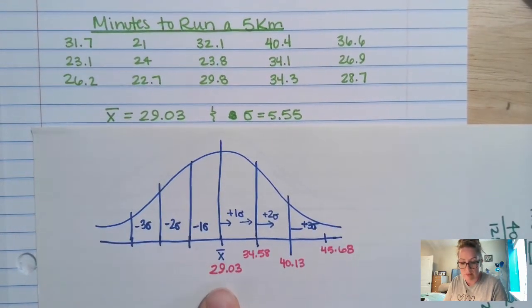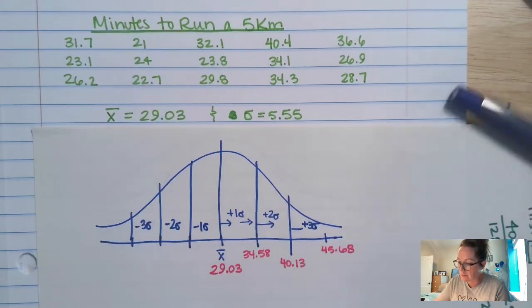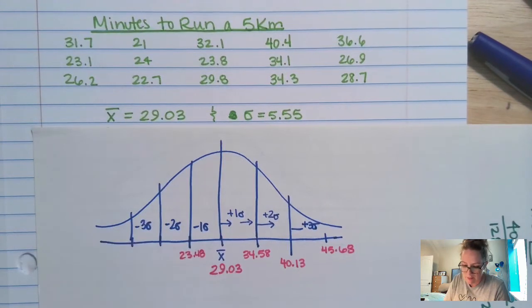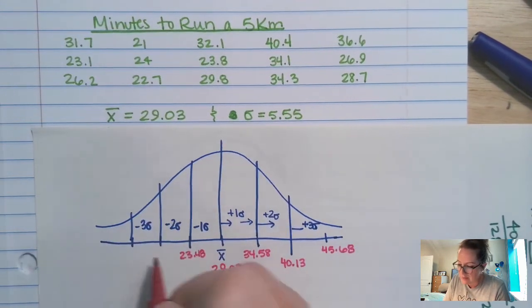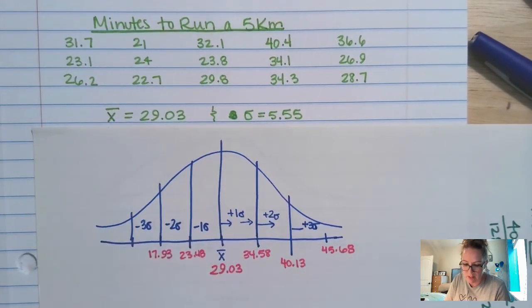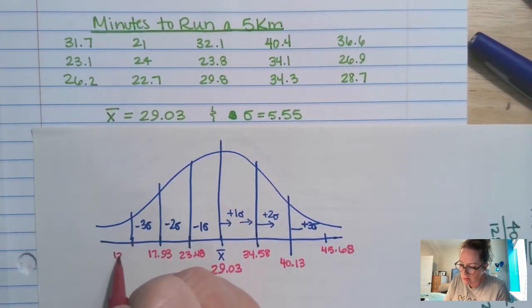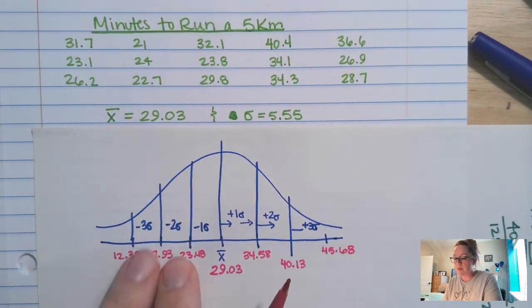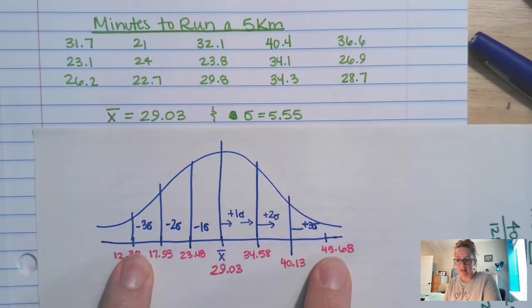So my mean minus 5.55, and I get 23.48 minus 5.55, 17.93 minus 5.55, 12.38.